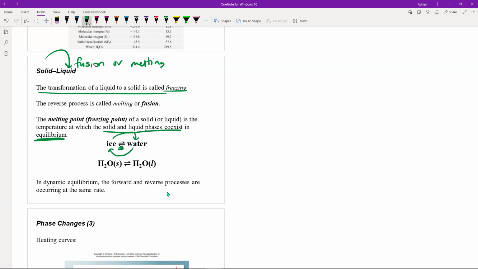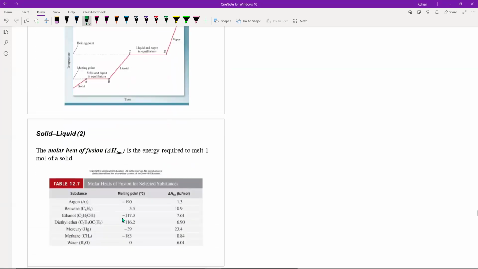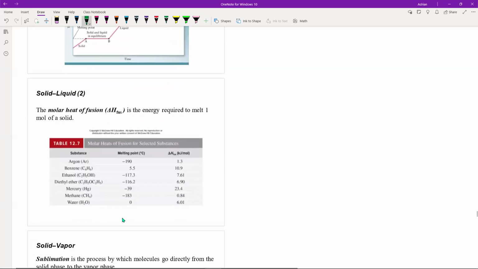At that temperature, at which the solid and liquid phases are in equilibrium, is known as the melting point or the freezing point of a solid or liquid, respectively. So going from a solid to a liquid, that process is known as fusion or melting.